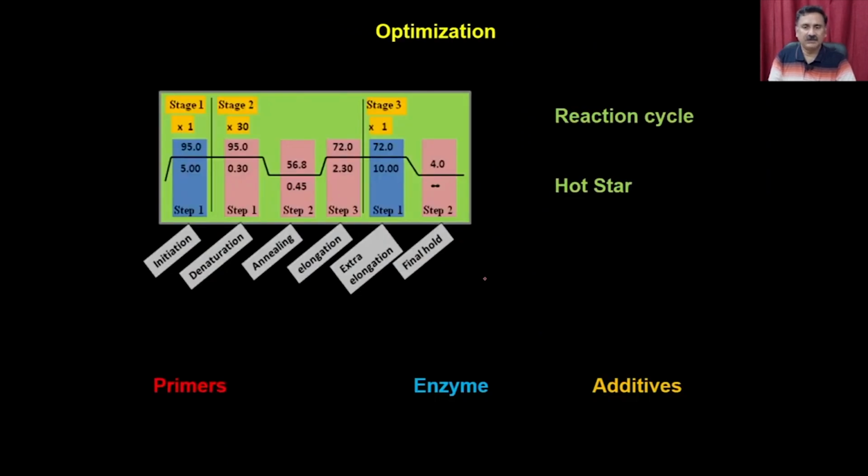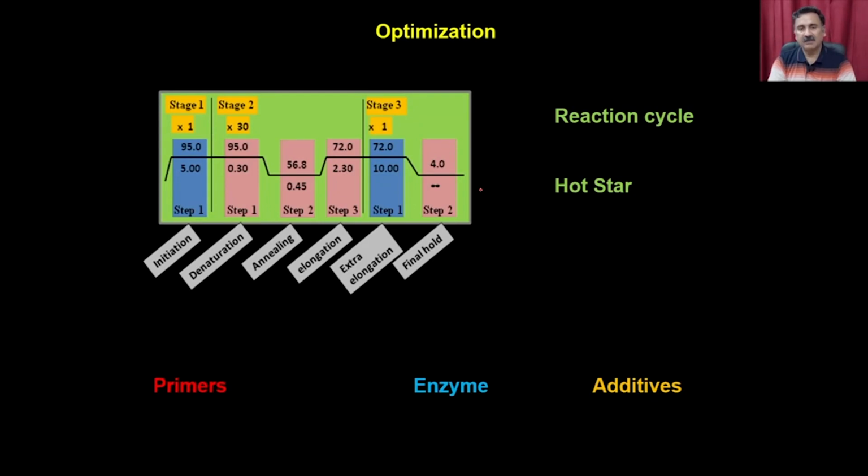we have also discussed the optimizations, and there are many ways in which you can optimize the PCR. When you perform the PCR, you are going to face many problems like non-specific amplification, no amplification, and so on.